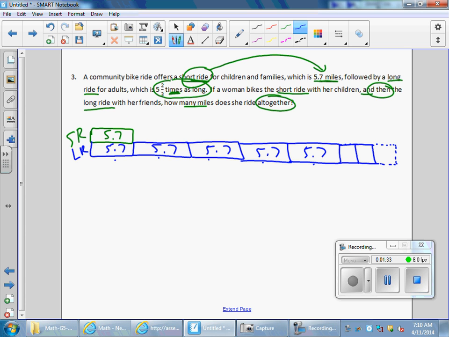And there's a couple of different ways I could solve this. I can take 5 2/3 times 5.7 and get the long ride. Or I could take 5.7 six times, and then divide 5.7 by 3 to get what goes in each of these thirds at the end.